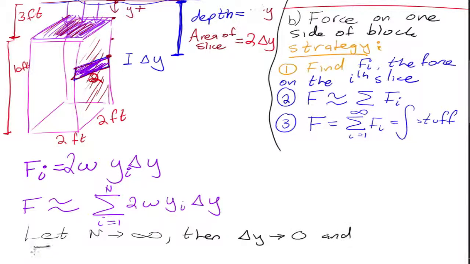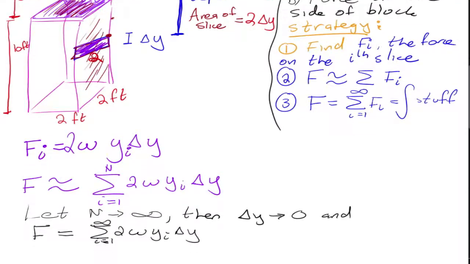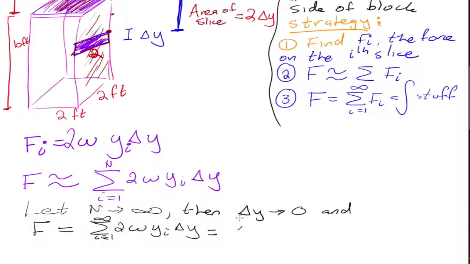And so the force is equal to the sum from 1 to infinity of all this stuff, right? 2 omega y sub i delta y. And that is nothing more than the integral of 2 omega y dy.